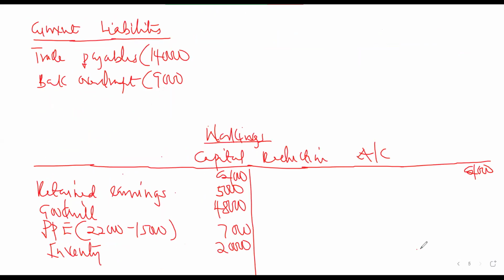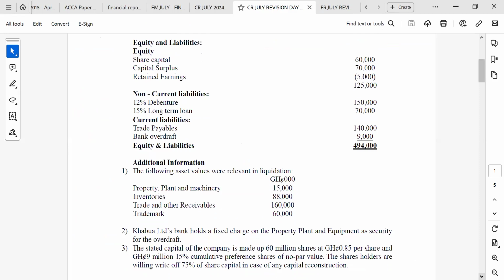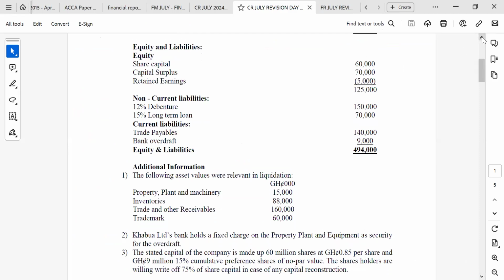Okay. Let's come to another issue here. The next one is what? Trade and other receivables, 160,000, isn't it? Yes, please. Okay, please come here. Don't go and treat the trade and other receivables.